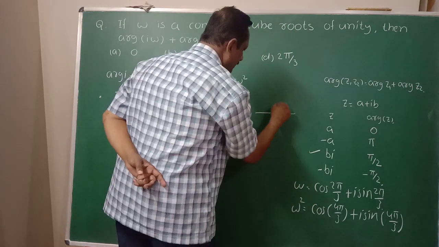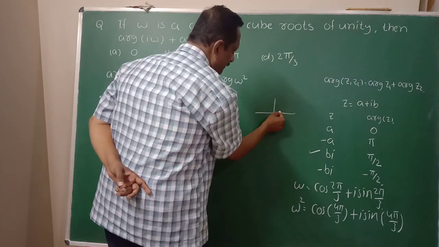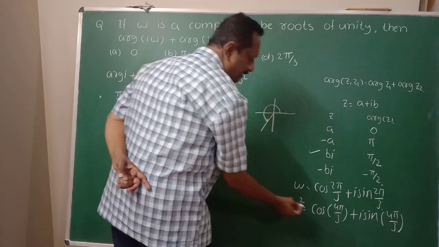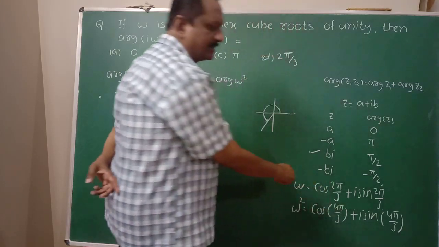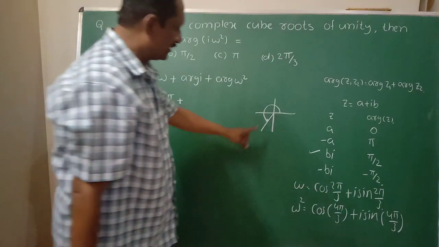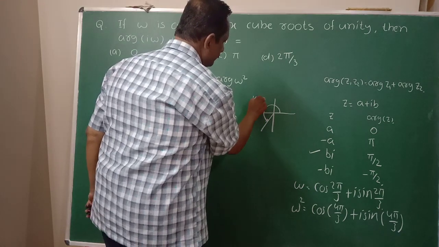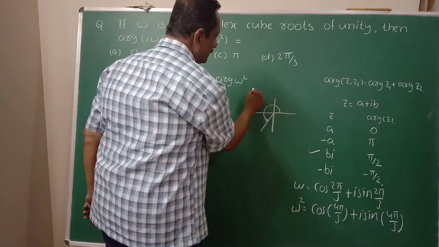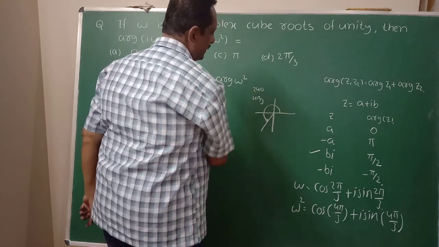Okay, so just observe here, it is 4 pi by 3. Pi by 3 means 60 degrees, 60 into 4 is 240, so 4 pi by 3 means 240 degrees.